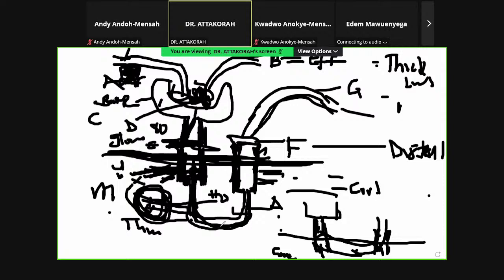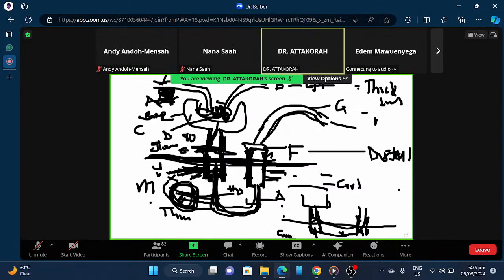Is it clear to everybody? Another condition is that if something happens to the medulla, there could be necrosis. If the cells here have renal cell ischemia, there could be ischemia here at the medulla.